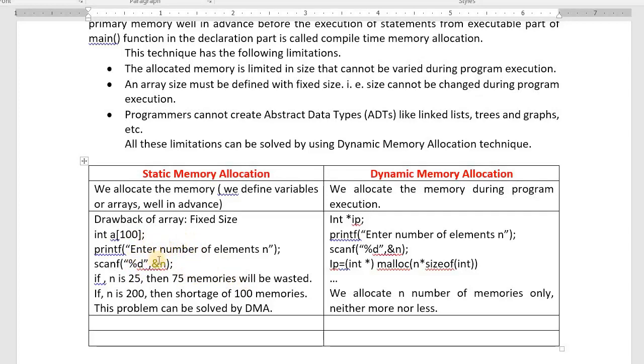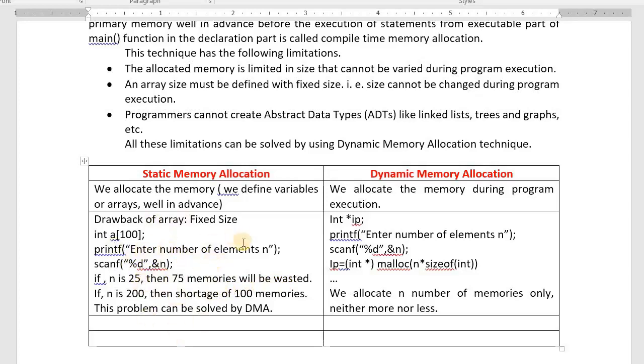Assume that I enter the value of n as 200, we have not allocated 200 memories, a shortage of 100 memories. This is the problem with arrays. While working with arrays, we may waste the memories, or there might be a shortage of memories. Two possibilities are there.